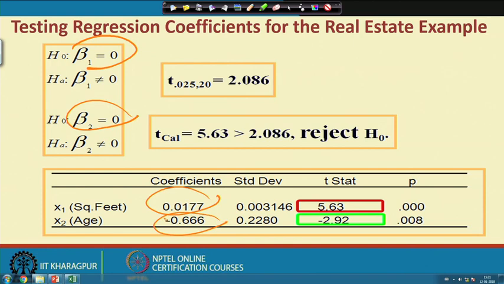Now accordingly you can calculate and check whether it is statistically significant or not. The same structure applies: you compare the calculated with the critical. The calculated value is the coefficient divided by the standard error, and you get the t statistic calculated for x 1, that is beta 1, and this is for beta 2 with respect to x 2, and the critical value is 2.086.